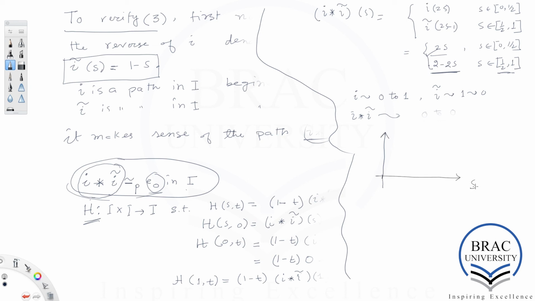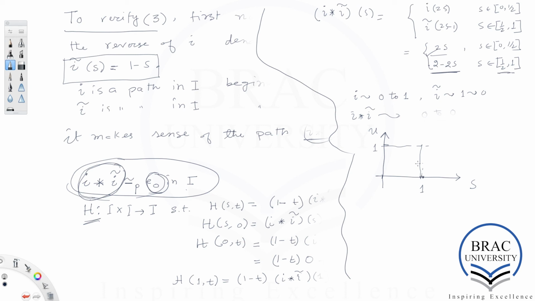So in this direction I have s, and in this direction I have u as a function of s, and then as usual we have this square of unit length. And we are trying to draw these two paths here.